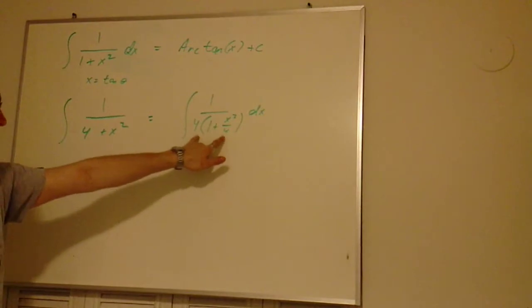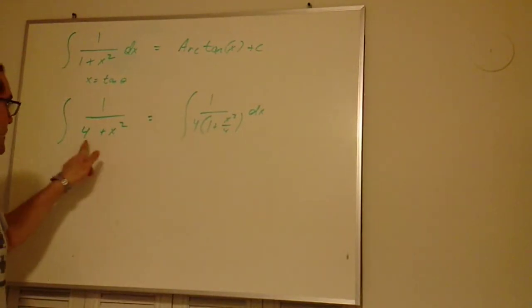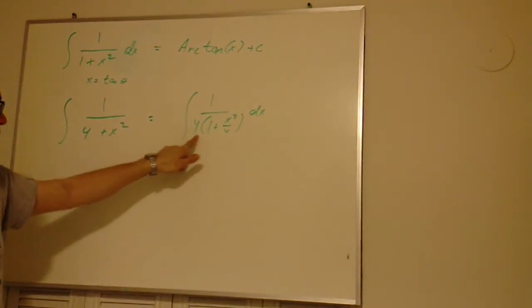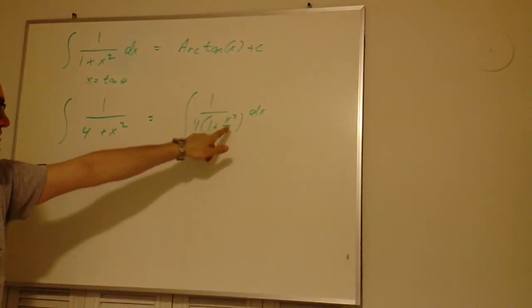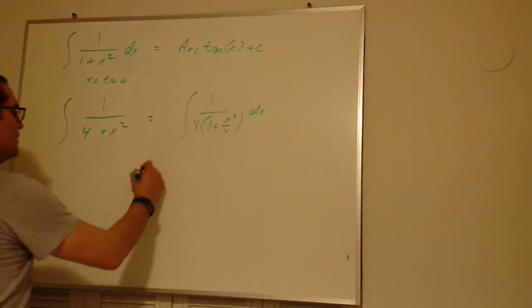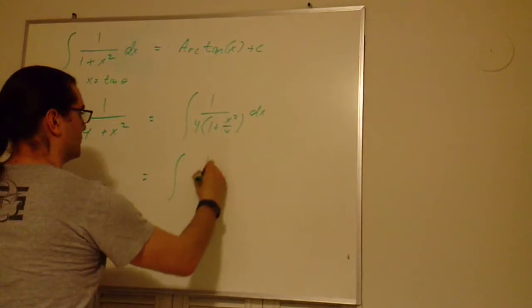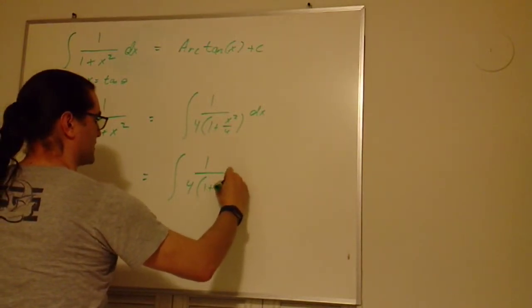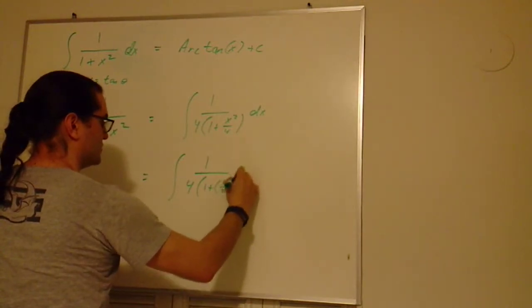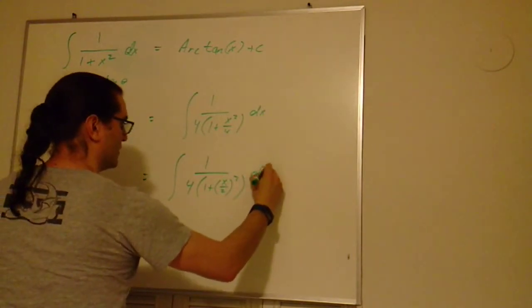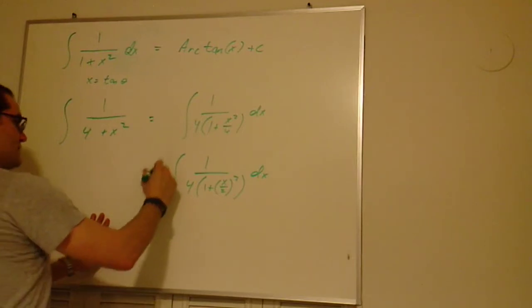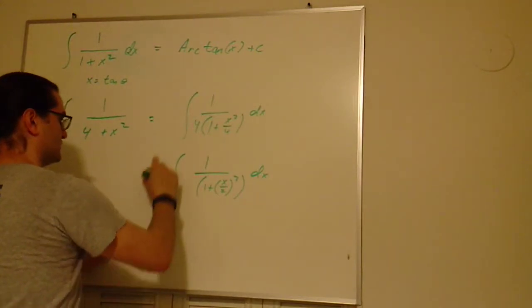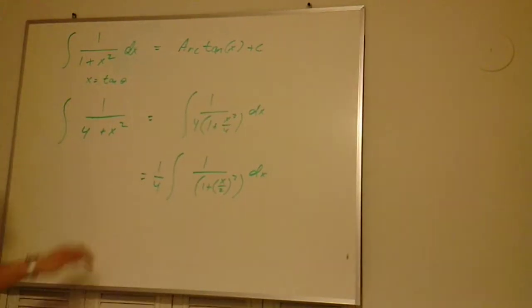If you just factor a 4 out of these two things, this 4 is going to turn into a 1. This x squared is going to turn into x squared over 4, which is 1 over 4, 1 plus x over 2 squared. And then you can take this 4 on the outside as a 1/4.